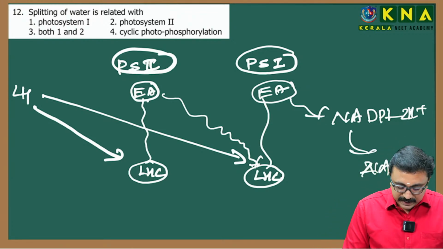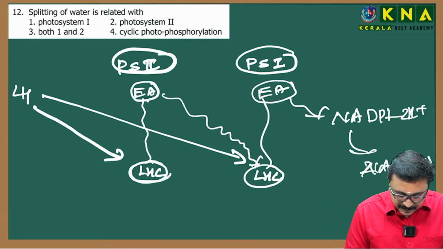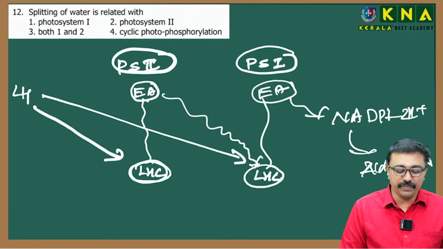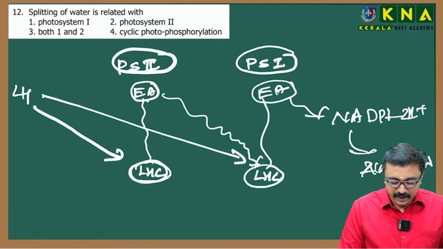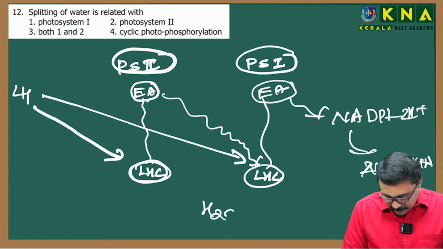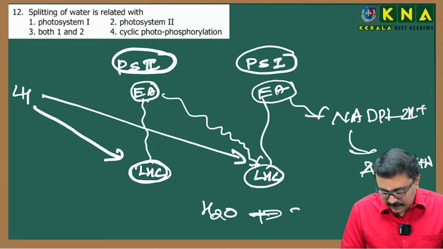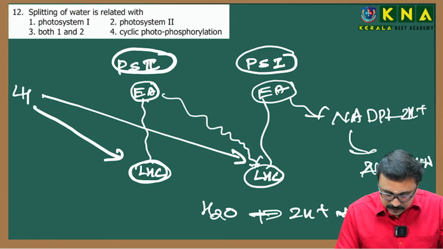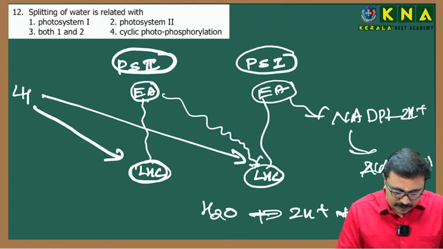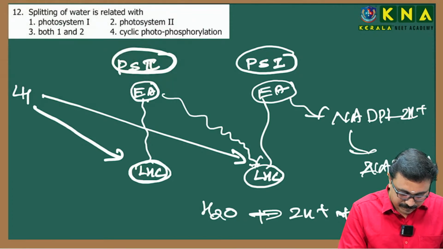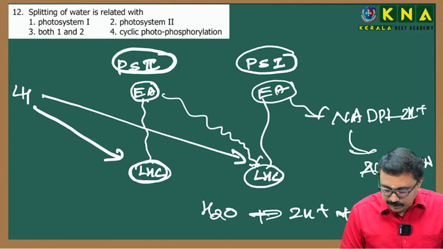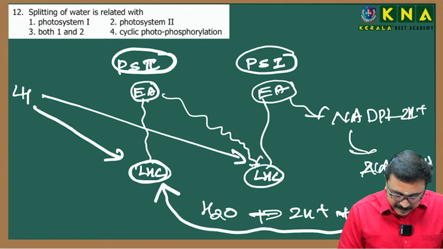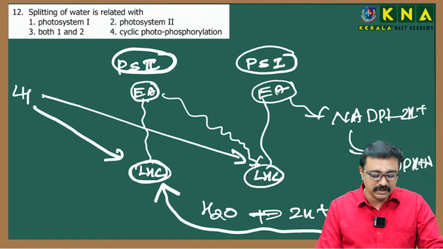So there is a deficiency of electrons, and this deficiency can be covered by the splitting of water. Water splits, oxygen is evolved, and the electrons released by the splitting of water now reach the light harvesting complex of photosystem 2.